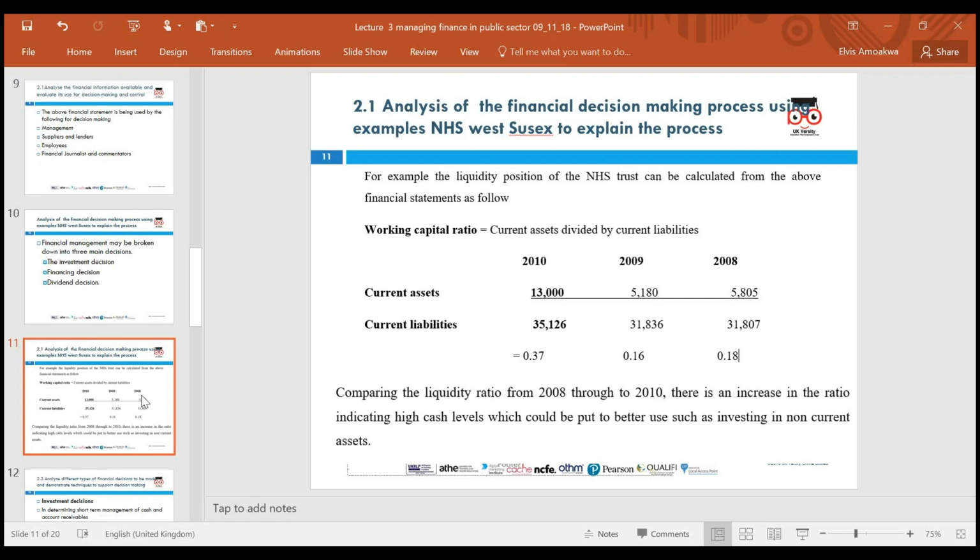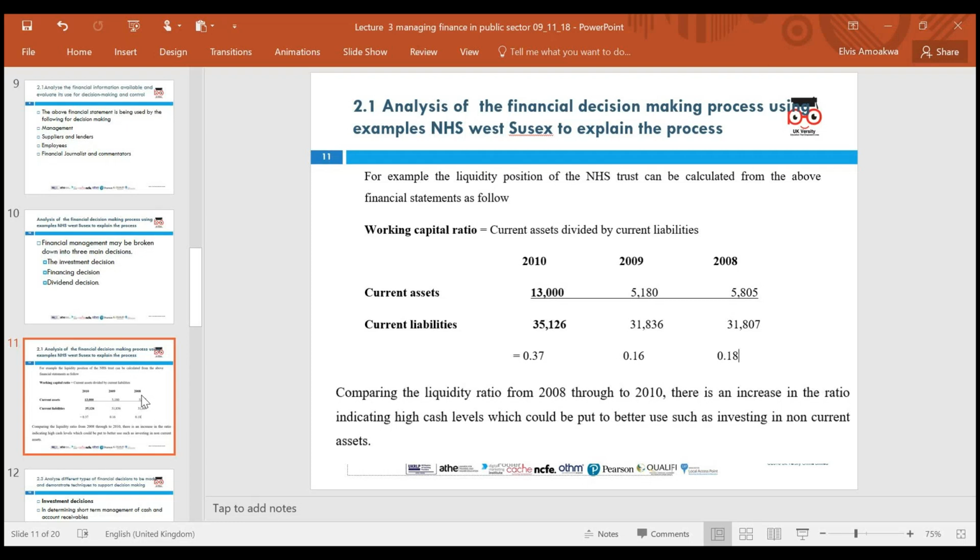When we say liquidity position, I mean the cash position, the ability of the trust to be able to survive. So there is a ratio which is called the working capital ratio or the liquidity ratio. Now this ratio is just all current assets divided by the current liabilities.